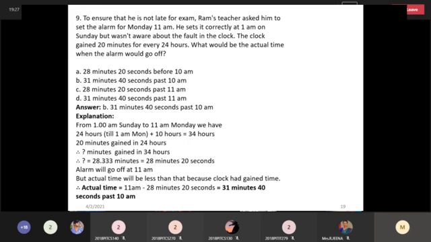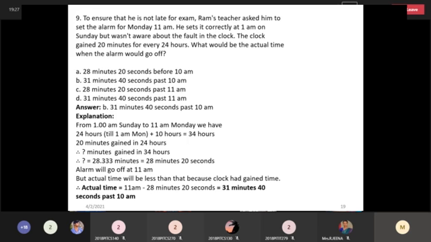So the answer will be 28.333 minutes, which is equal to 28 minutes 20 seconds. So the alarm will go off at 11 a.m., but the actual time will be less than that because the clock had gained time. So actual time is equal to 11 a.m. minus 28 minutes 20 seconds.